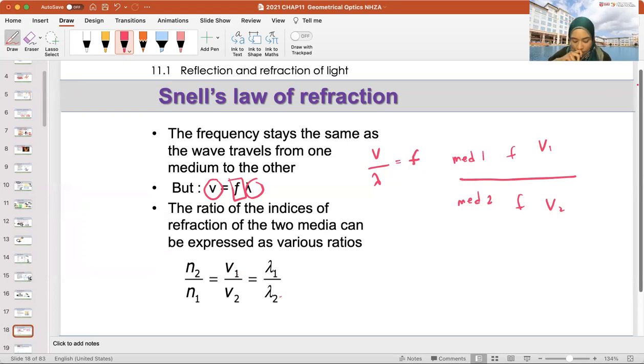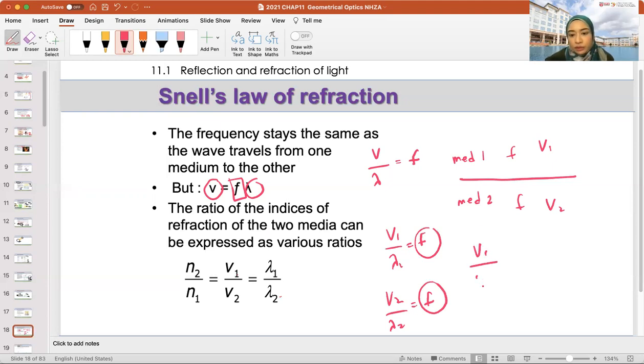So with that said, I have an equation, V1 over lambda 1 is equal to F on this side, and V2 over lambda 2 is equal to F on this side. I can equate these two together because they have the same frequency, right? So V1 over lambda 1 equals V2 over lambda 2.